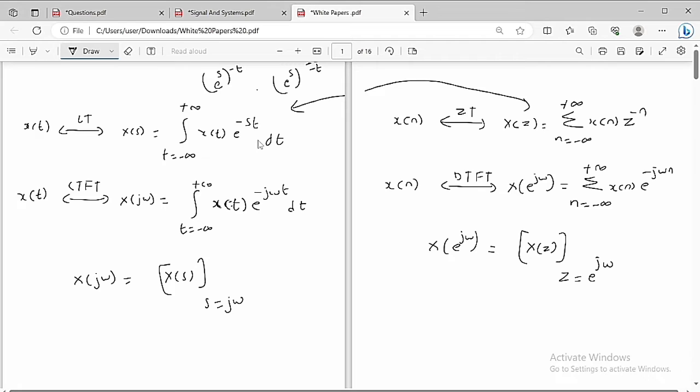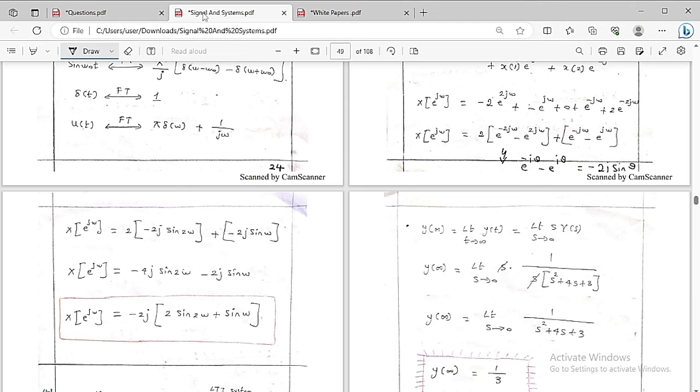So e to the power of s is nothing but z. So z is always equal to e to the power of s. And t is nothing but n, so we are going to get minus n. So always z is equal to e to the power of s. So these formulas you always have to keep in your mind. So therefore we can say this is the correct solution of this question.